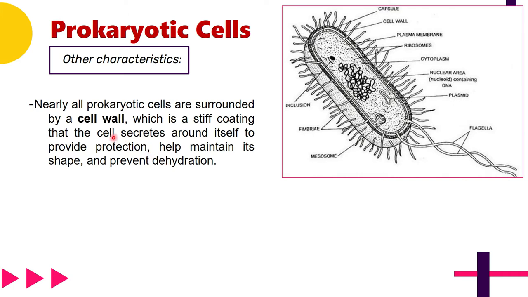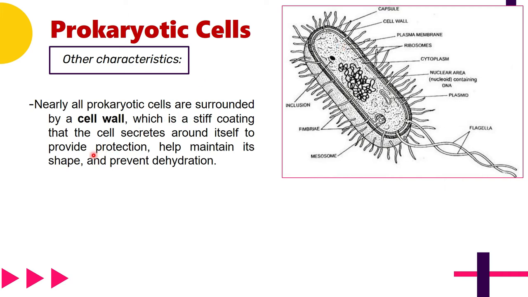Because a prokaryotic cell is made up of only one cell, so the organism can easily die. With just a small change in its environment, since it is only one cell, it can easily die. One of the things that protects a prokaryotic cell in its environment is the cell wall.